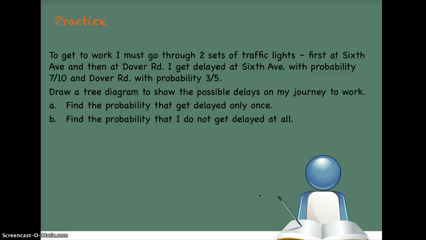I get delayed at 6th Avenue with probability 7/10 and at Dover Road with probability 3/5. Draw a tree diagram to show the possible delays on my journey to work. A, find the probability that I get delayed only once, and B, find the probability that I do not get delayed at all. So you have two problems to answer.